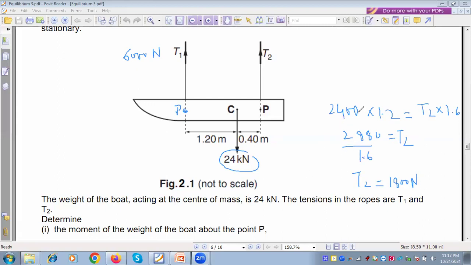Okay, I have made a mistake here. This is 24,000, sorry. So this will have one more zero, and this will be 18,000 Newton. If we apply total upward force equal to total downward force to find T2, this will also give us the same answer.